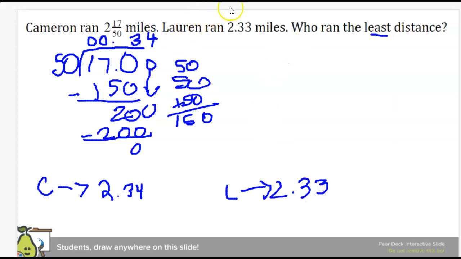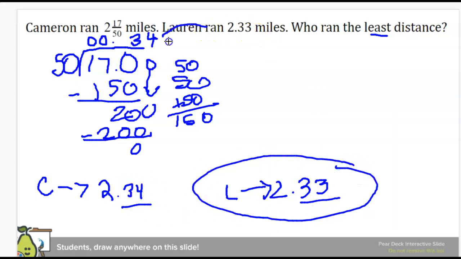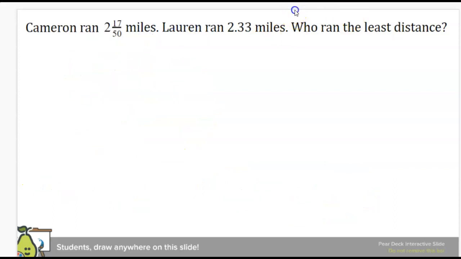So it asks the question, who ran the least distance? Well, 33 is less than 34/100. So 33/100 is less than 34/100. So Lauren ran the least distance.